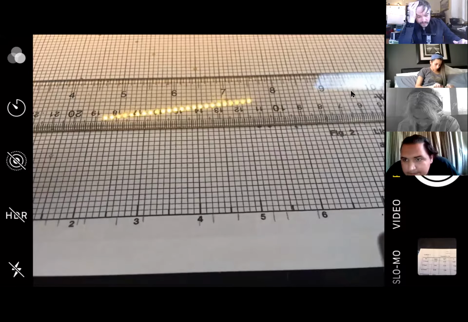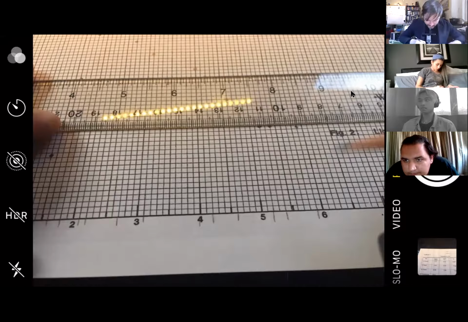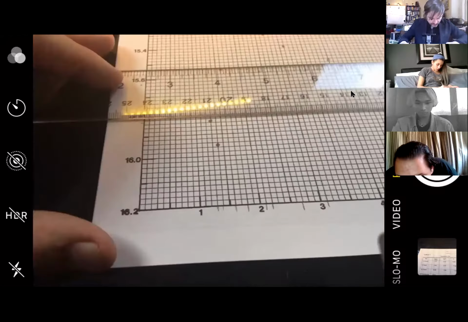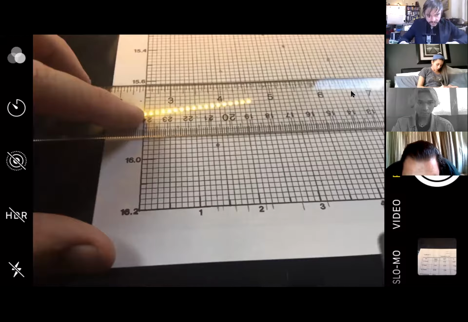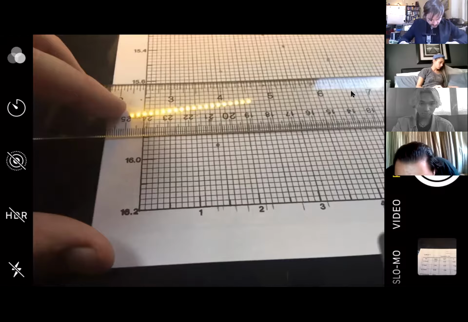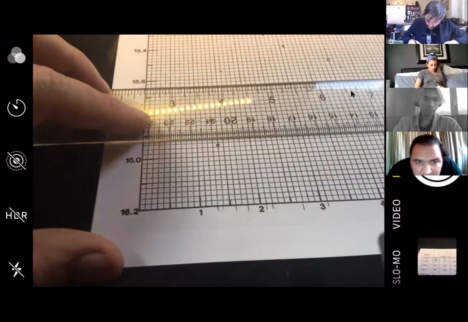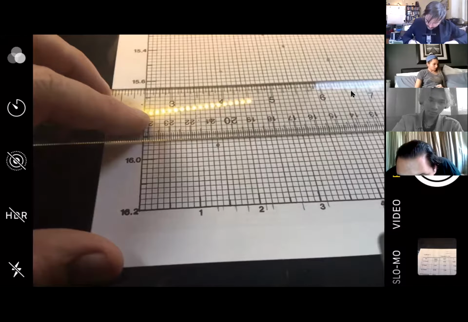Okay. 6.0 and 15.93. 6.0, 15.9, 15.92, 15.94. Just below 15.92 is where we want to be. No drifting.